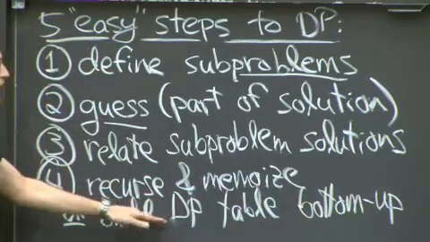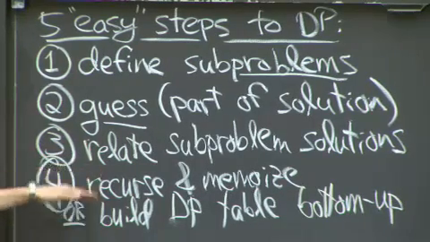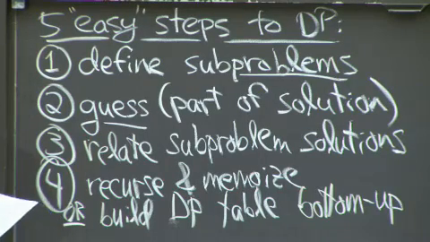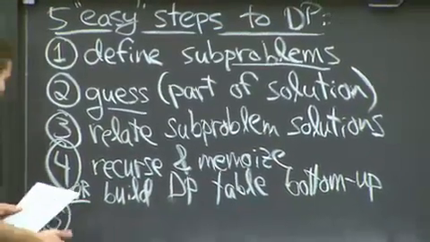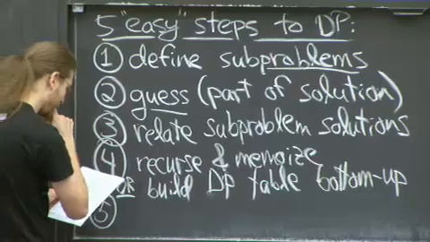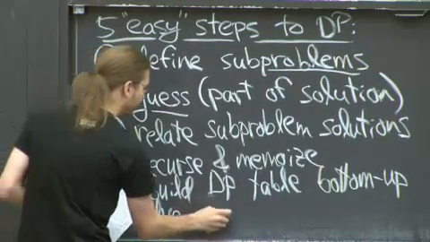And this is going to be more practical, faster, and so on. Depending on your preference, one of them is more intuitive than the other, but it doesn't matter. They have the same running time, more or less, in the worst case. Then the 5th step is to solve the original problem.